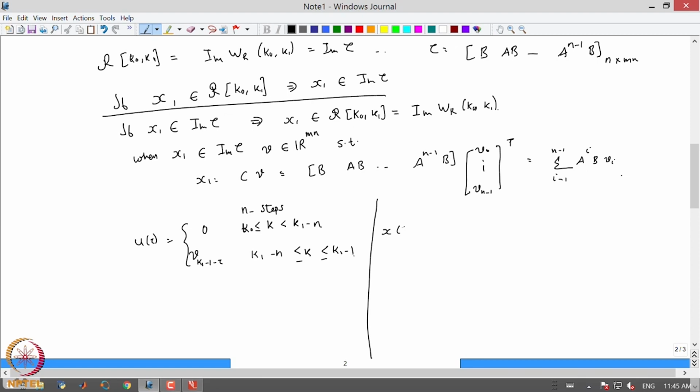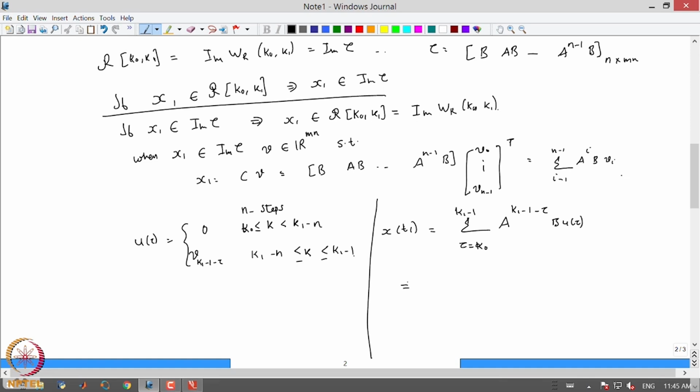Okay. So, x at k1 is the summation tau equal to, say, k naught to k1 minus 1 of A power k1 minus 1 minus tau B u of tau.